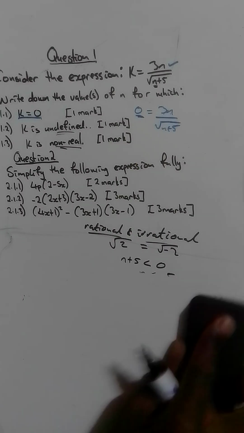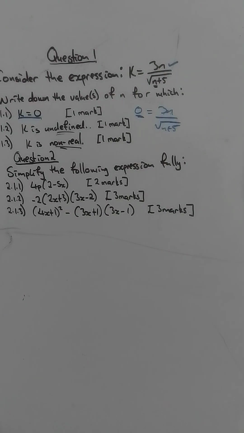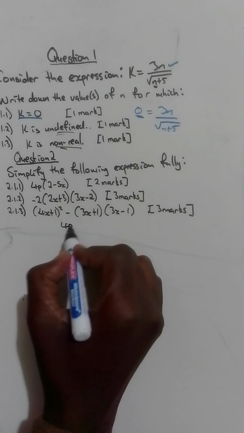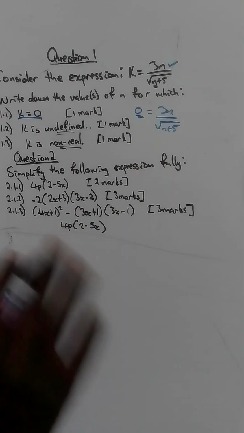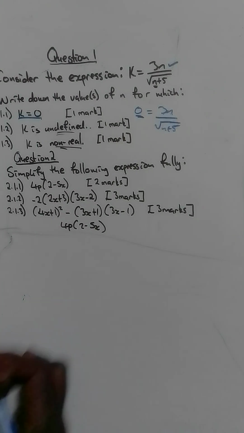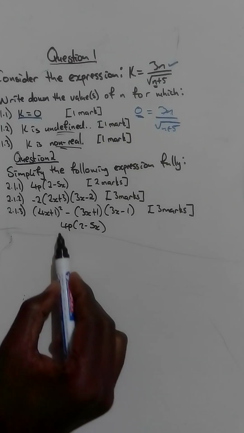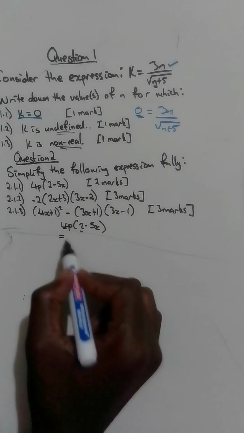Question 2 says we are supposed to simplify the following expressions fully. So 2.1.1 gives us 4p, open bracket 2 minus 5x, right? This is a case of using the distributive property. This 4p must multiply with this binomial. Positive and positive gives me a positive. 4 multiplied by 2 is 8.